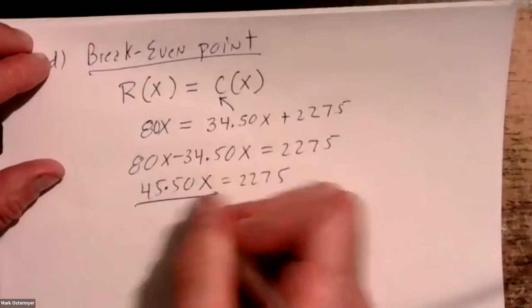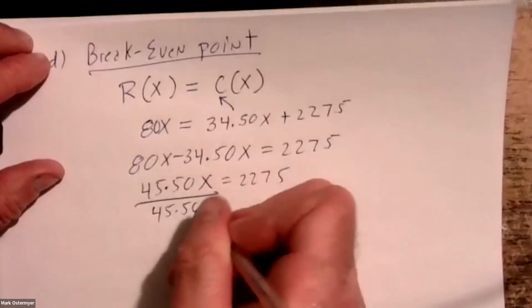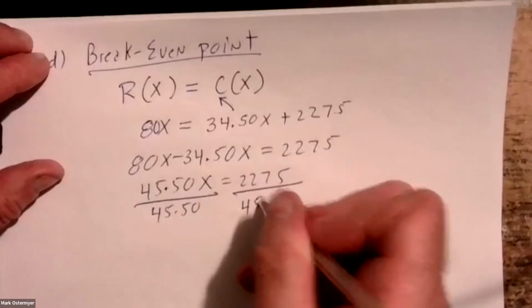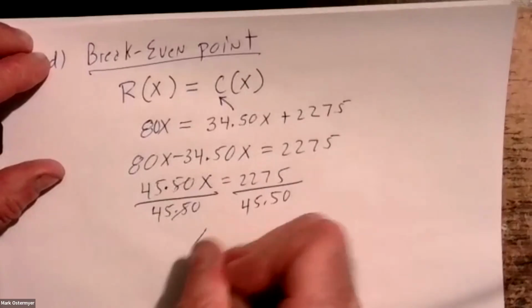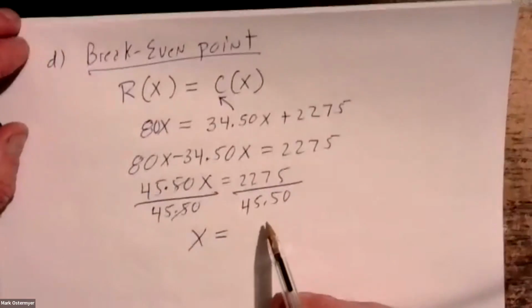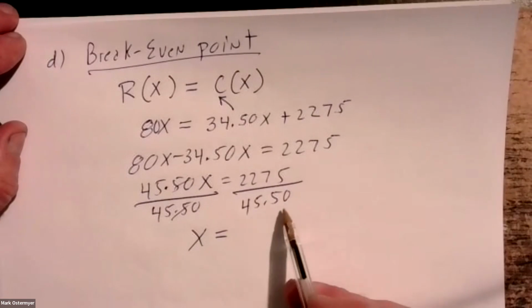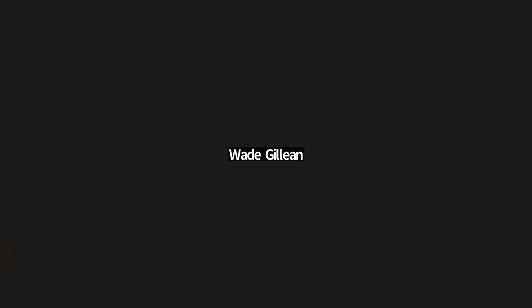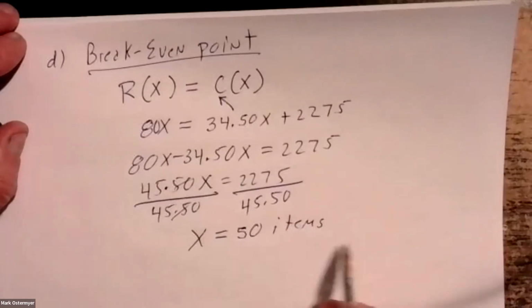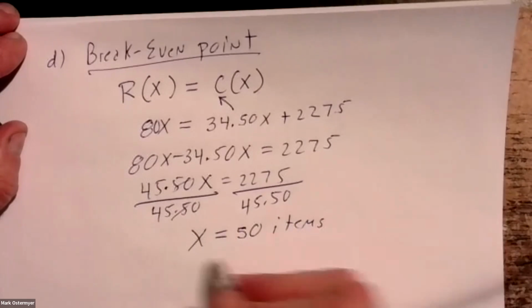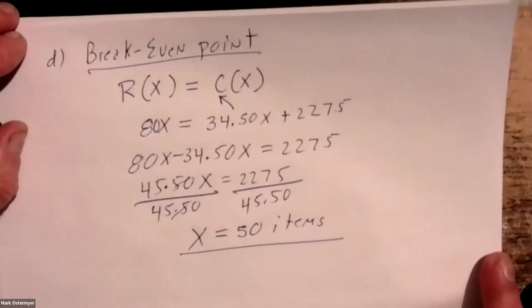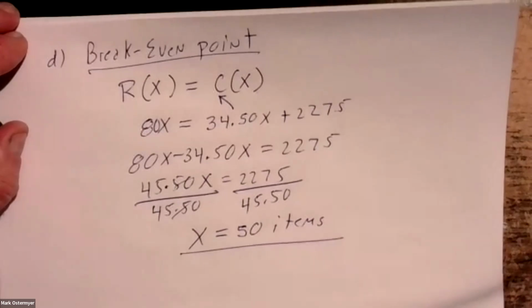Divide both sides by 45.50. And how many of these widgets must we manufacture and sell to break even? X is equal to what? So what's 2275 divided by 45.50? 50. 50 items, ladies and gentlemen, must be manufactured and sold to break even.